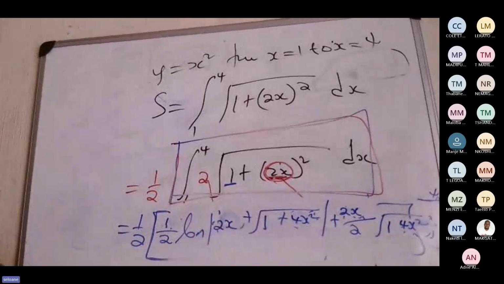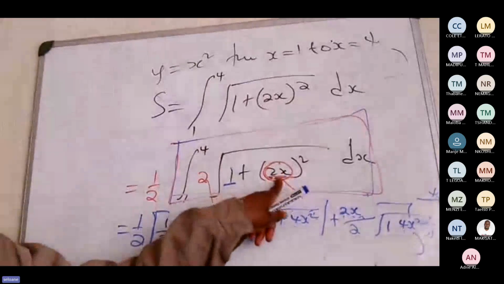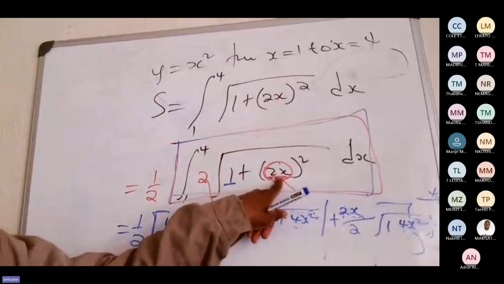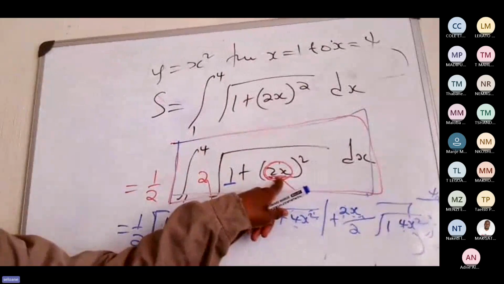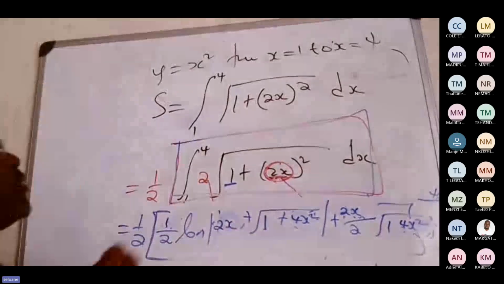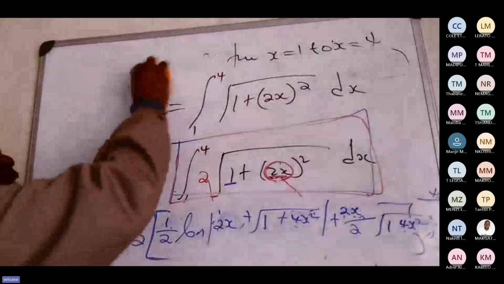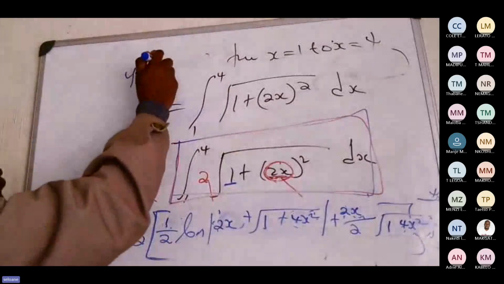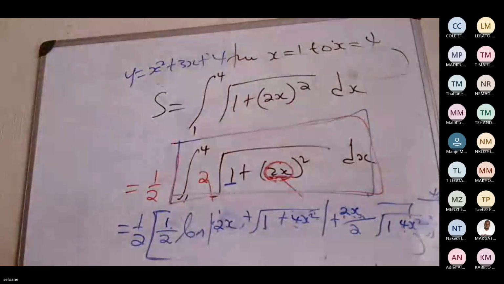In some instances, you may find that your f of x is not a monomial. It's not 2x, it's a binomial. Maybe it's 2x plus 3. Meaning, maybe your function here was not just x squared, it was y equal to x squared plus 3x plus 4.